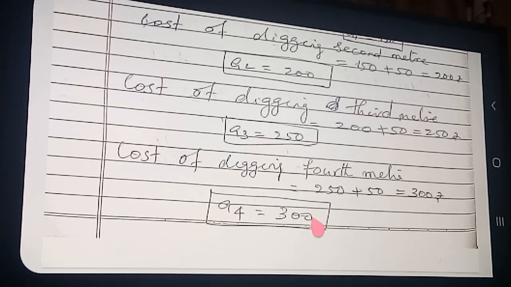So A4 you got 300. Clear? First you copy this one also. Copy all of you. Okay, go to the next page.